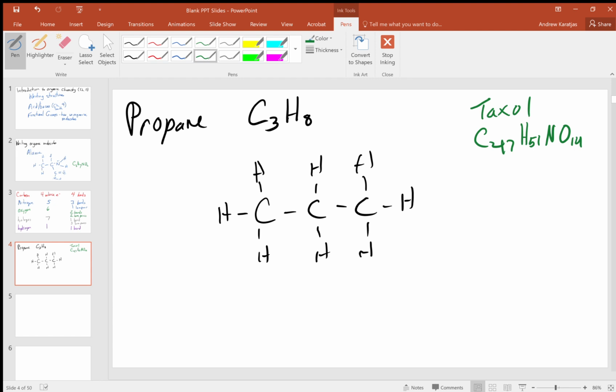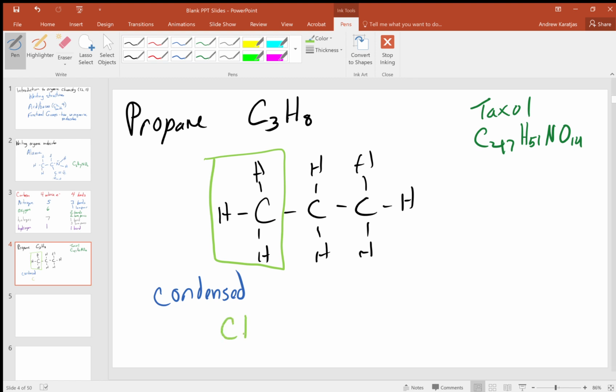So when we draw organic molecules, we're going to do it in one of 2 ways. We have what's known as a condensed structure. This still shows all the atoms, but it does make the way we draw it a little bit simpler. And so what it does is we would start with 1 carbon at a time. So this first carbon, the one on the left, you can see has 3 hydrogens bonded to it.